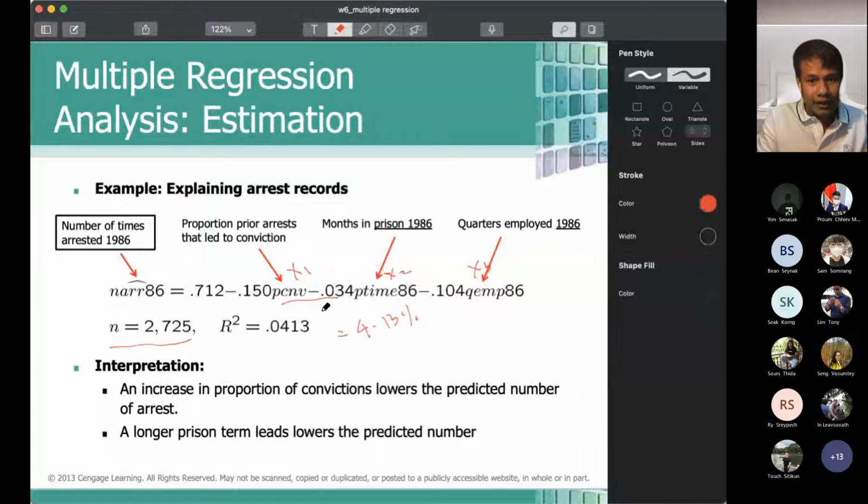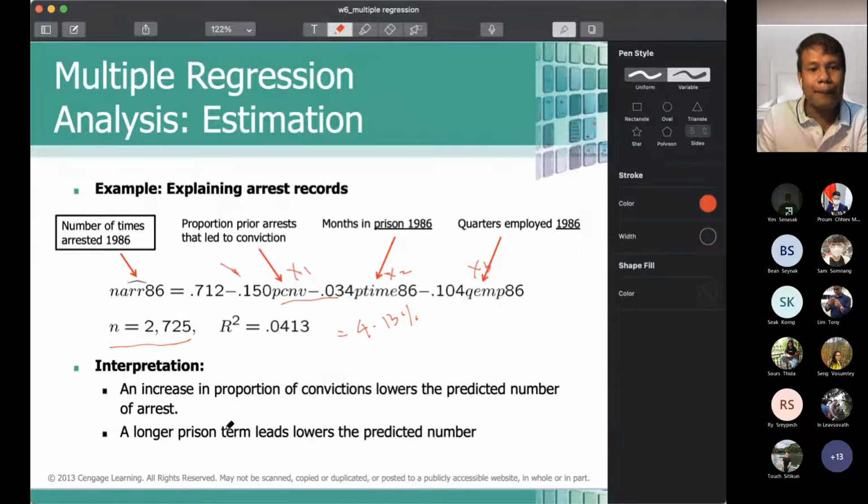All right. Now have a look at our interpretation. An increase in proportion of convictions, this one, lowers the predicted number of arrests, right? We can say holding months in prison and quarters employed fixed or constant.